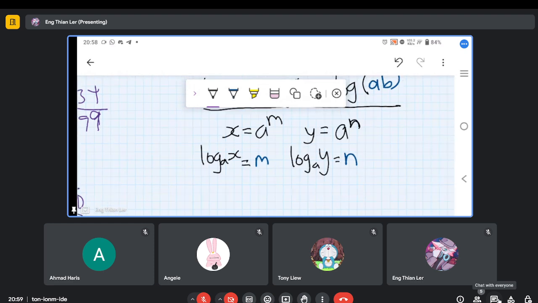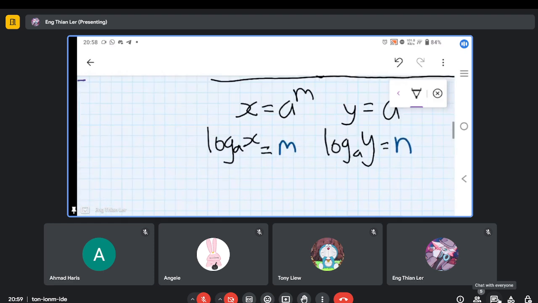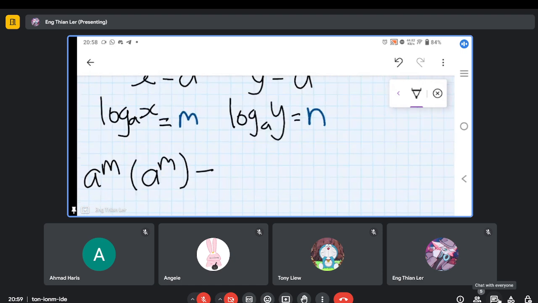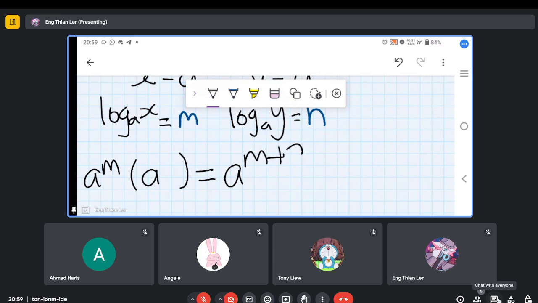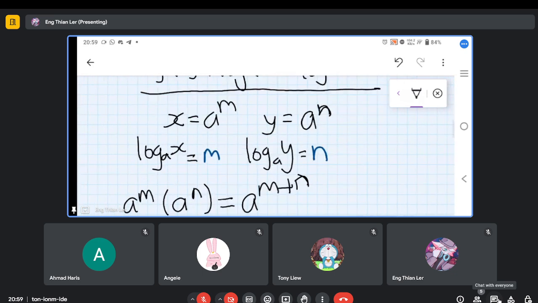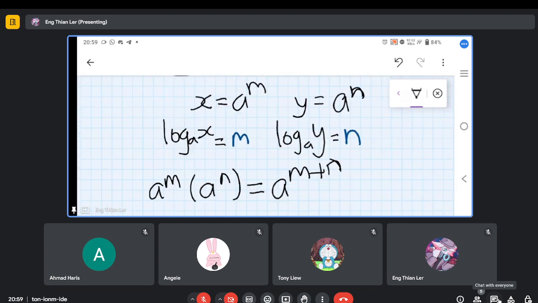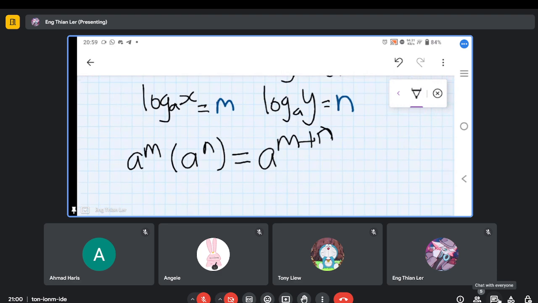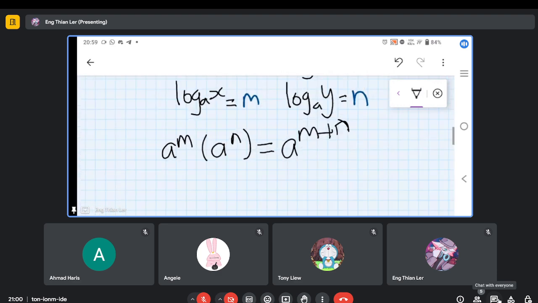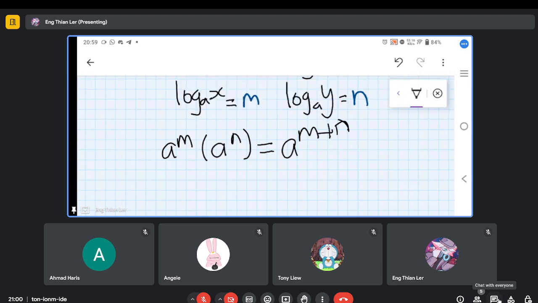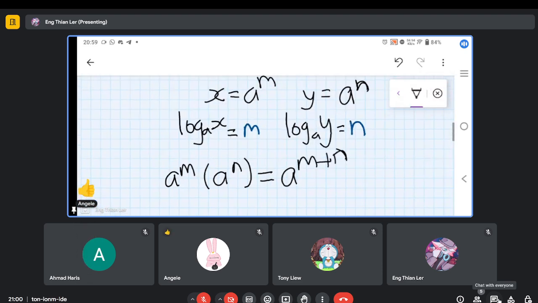So when a to the power m multiplied by a to the power n, we will get a to the power m plus n. We can write this like the law of indices: a to the power m multiplied by a to the power n is a to the power m plus n.